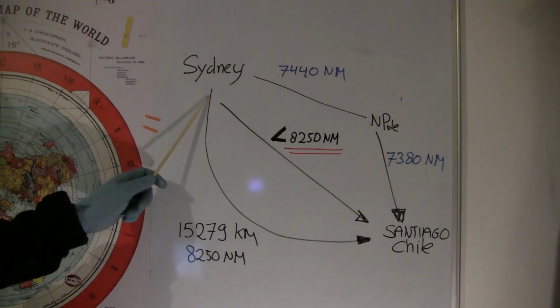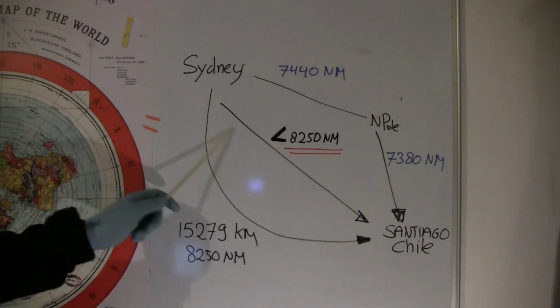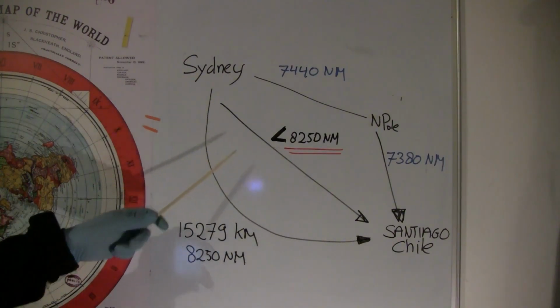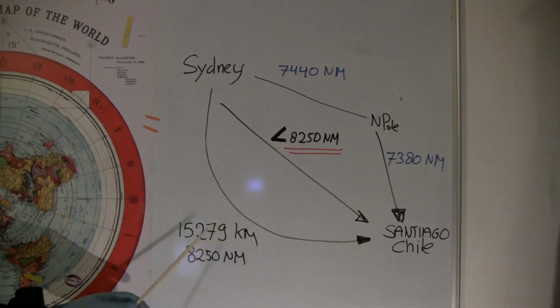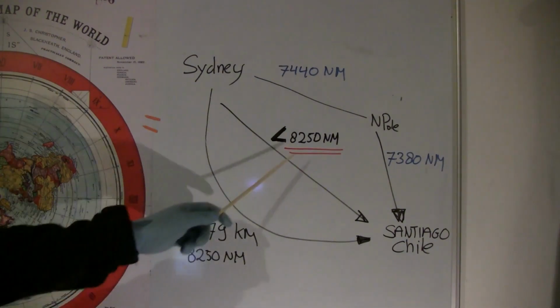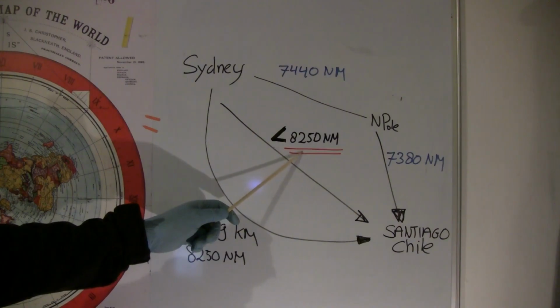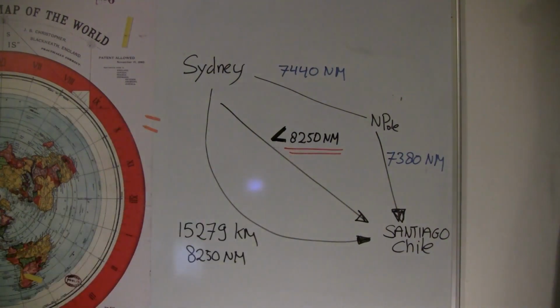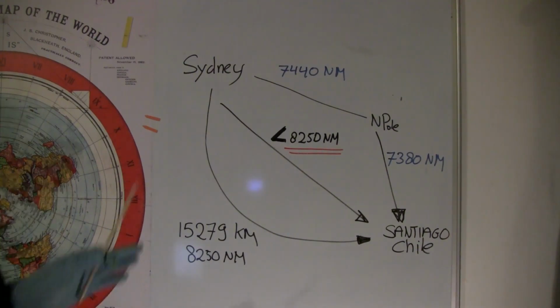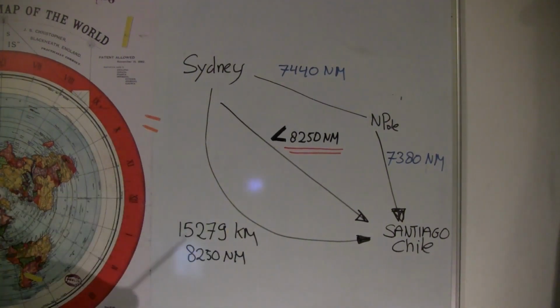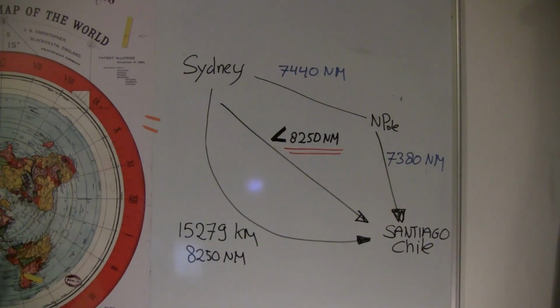And if you go in a straight line, this is a flat plane, the distance will be shorter than 8,250 nautical miles. These measurements are based on the Gleason's map.